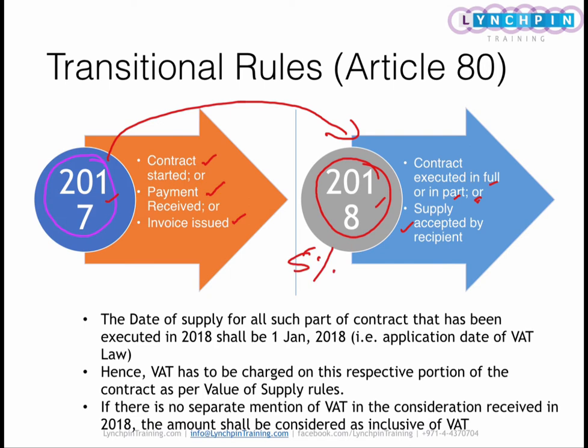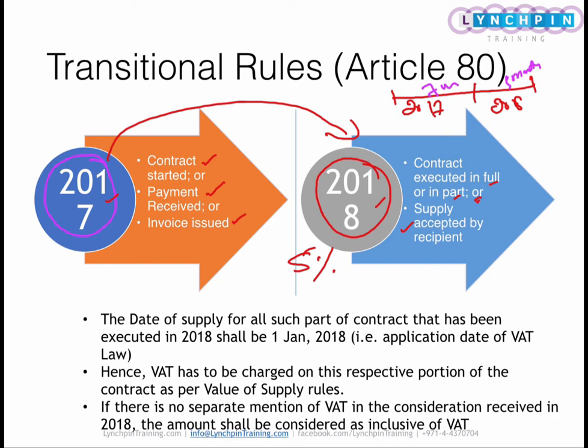Many businesses have actually assumed that if we pay in 17 and we get a supply in 18, it will not be subject to it. A common example would be your office rent. Let's say you have a rental agreement which spans from 17 to 18. So 5 months are falling in 18 and 7 months are falling in 17.